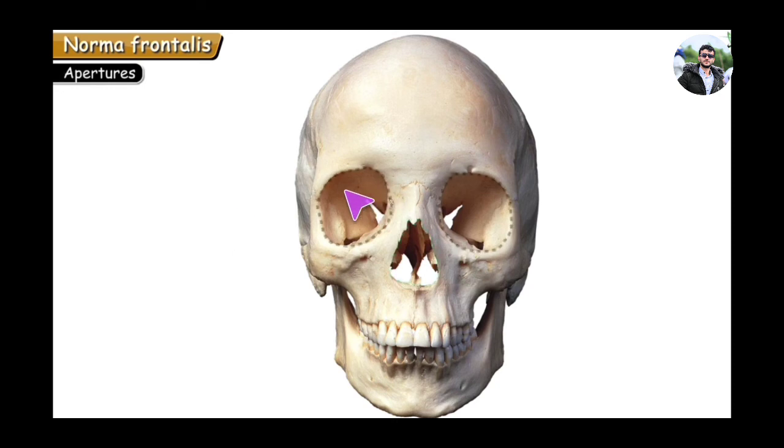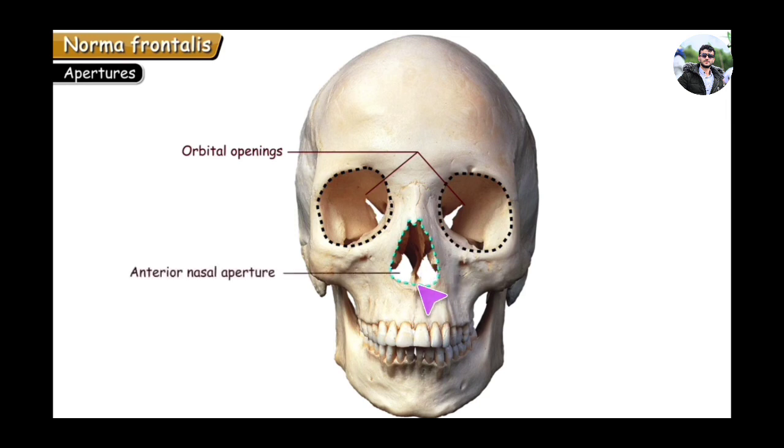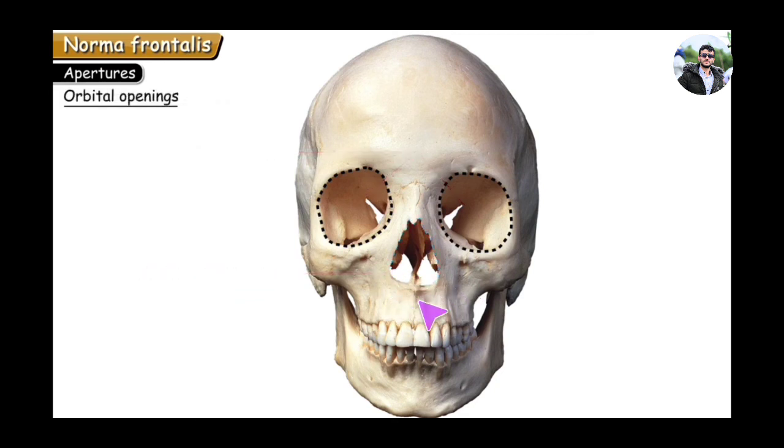If we talk about the apertures, we see three apertures: two orbital openings and the nasal aperture. The nasal aperture is formed in the middle of the two maxillary bones.